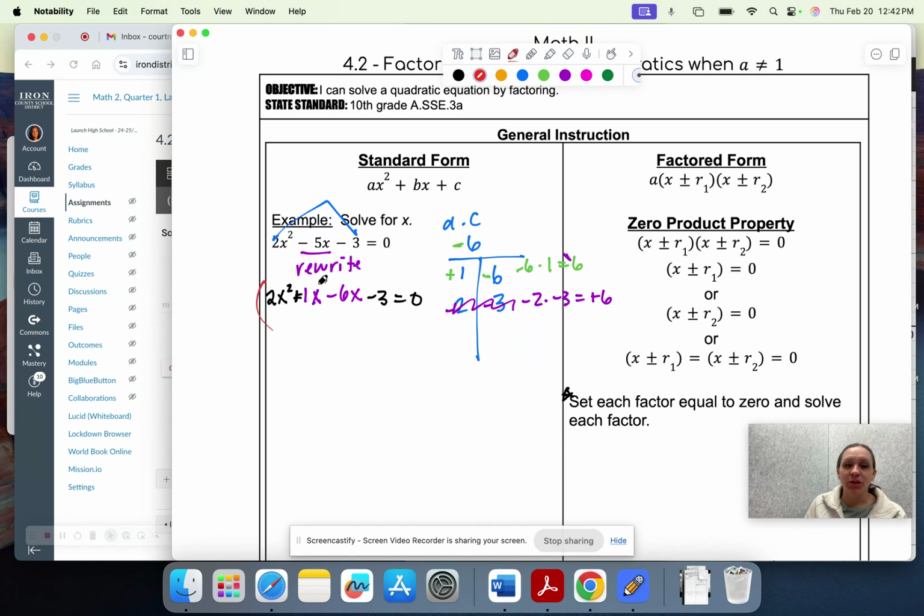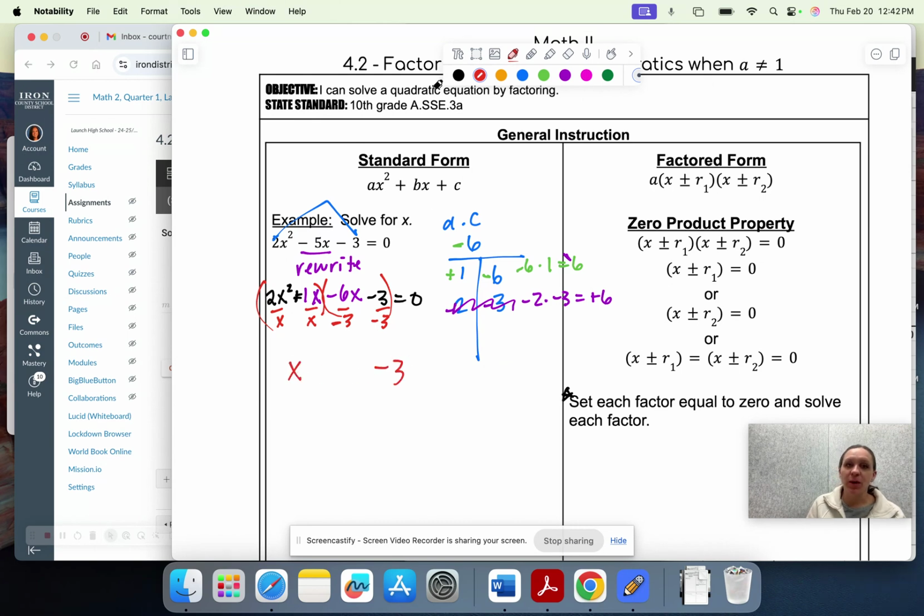Okay, now we're going to group. Group the first two, group the second two, and we'll take out our common factors. So this first one, the only thing we can take out is an x, because 2 and 1 don't have any divisors. Then here we have 6 and 3, but we want to remove the negative. So we're going to divide by negative 3 is what those both divide by.